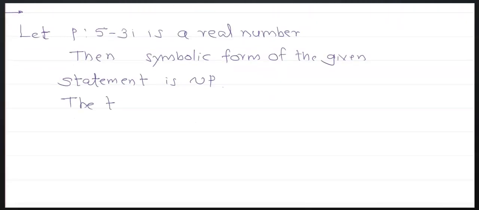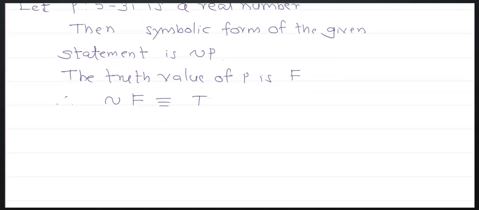That is the negation of P. The truth value of P is F. 5 minus 3i is not a real number. It is a complex number. Therefore, truth value of P is F. But negation of F is T. This is important.